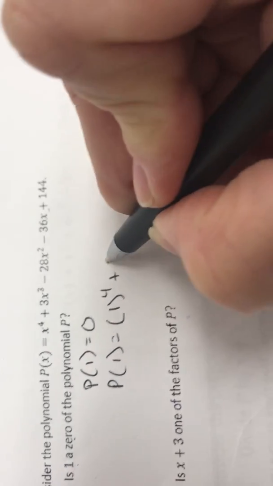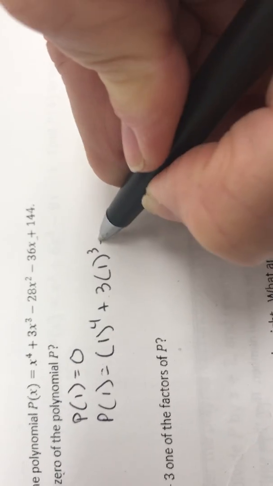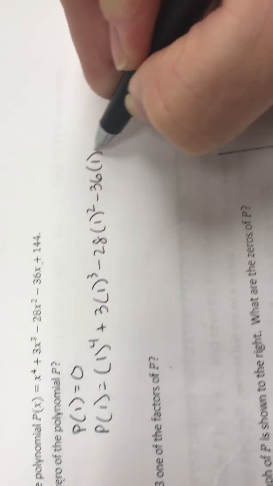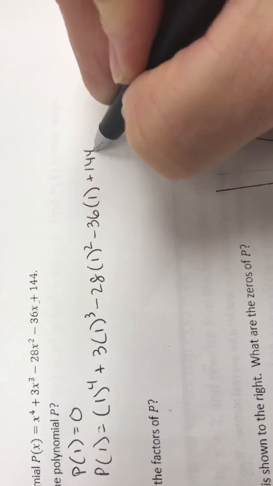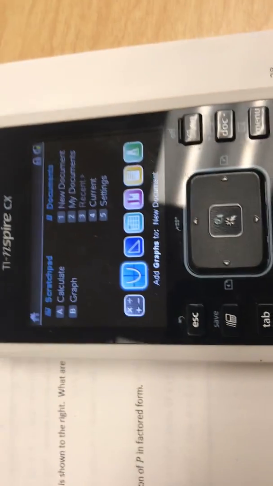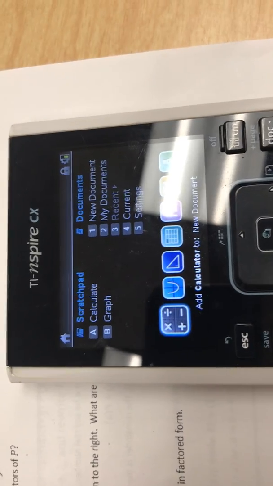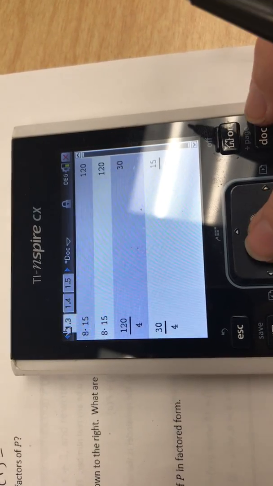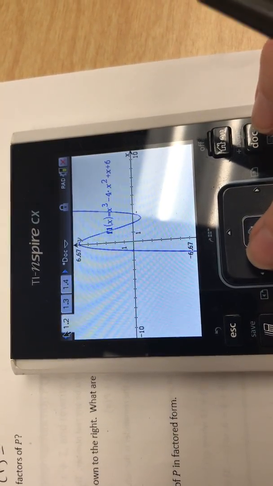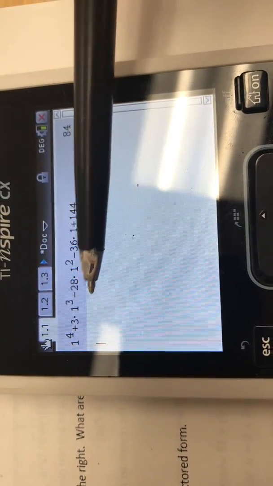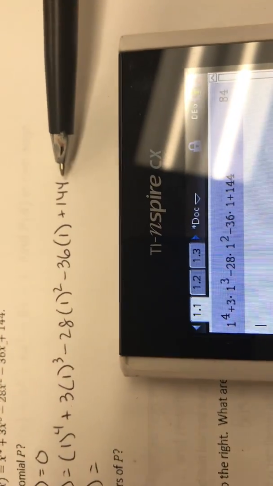1 to the 4th plus 3 times 1 cubed minus 28 times 1 squared minus 36 times 1 plus 144. So we would type that into our calculator. Okay, so 1 to the 4th plus, this is everything substituted in that you just saw here.